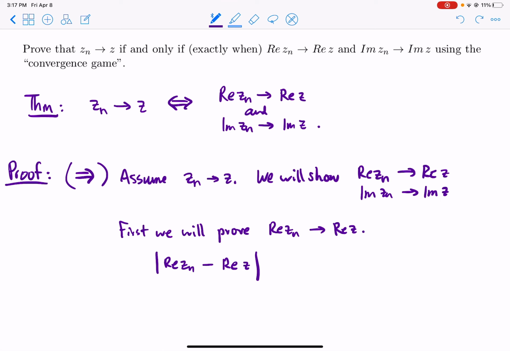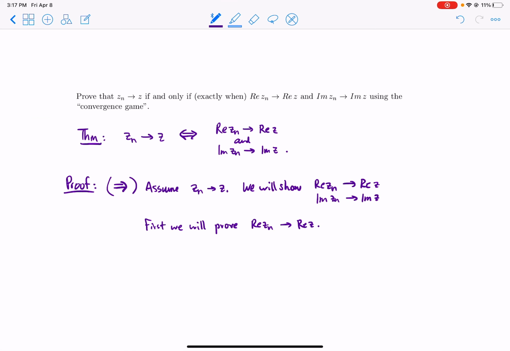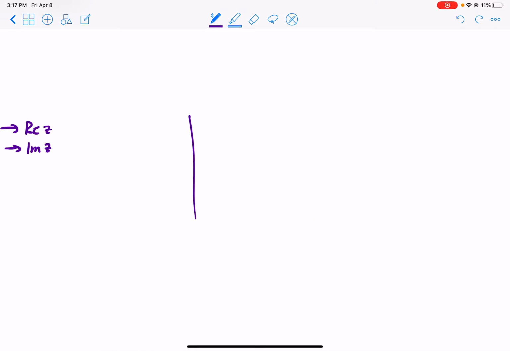And so how are we going to do that? Well, first let's do a little geometry here. So we have the Zn and the Z and the real parts and imaginary parts, and let's just look at a triangle. If this is Z and this is Zn, then what we have is this triangle right here. And in particular, these coordinates are the real and imaginary parts.